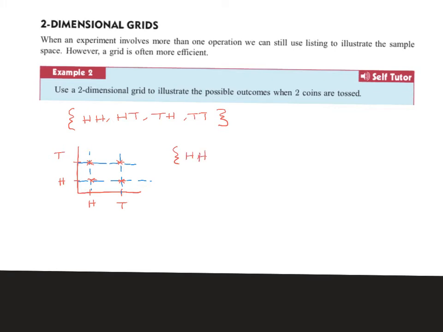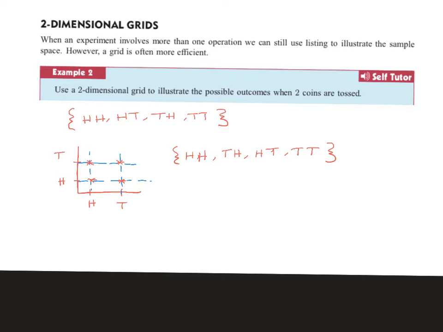And then another is tails, heads. And then another is heads, tails. And then another is tails, tails. So I've got 4 possible outcomes and 4 intersections represented on the 2-dimensional grid.